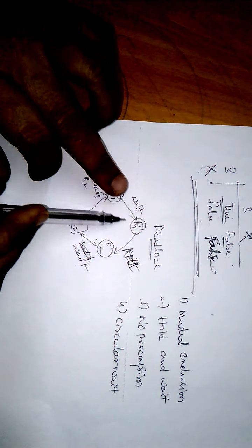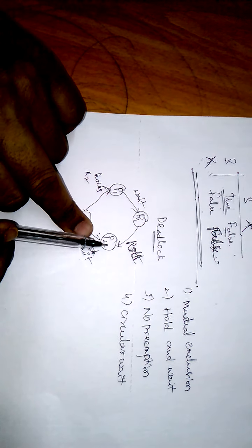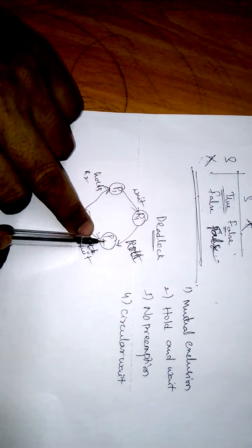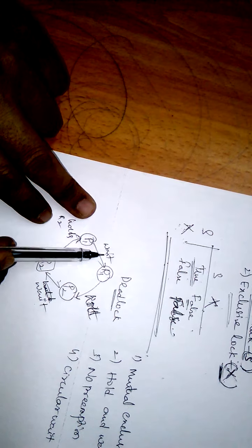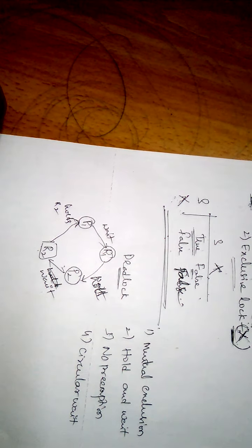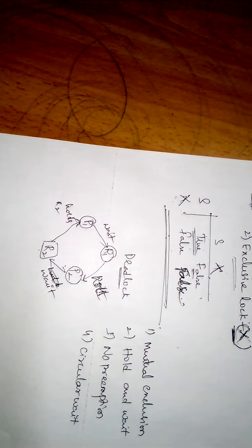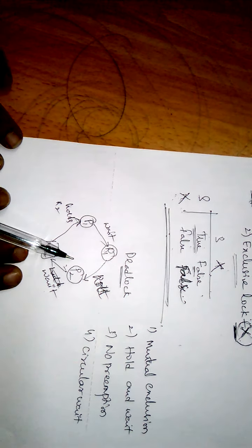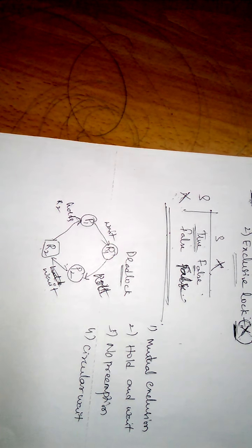P1 is waiting for R2 and R2 is already held by P2. There is no request released, so the situation never finishes. That type of situation is called deadlock.